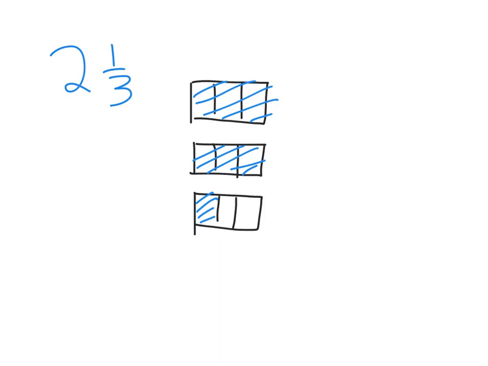Now what I do is count the number of pieces that I have. I've got 1, 2, 3, 4, 5, 6, 7. And so I have 7/3. And that is how you turn a mixed number into an improper fraction using a visual model.